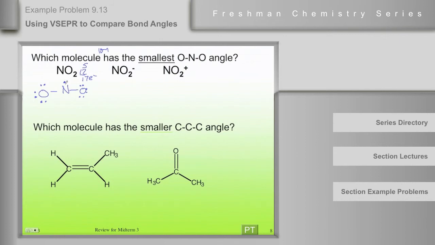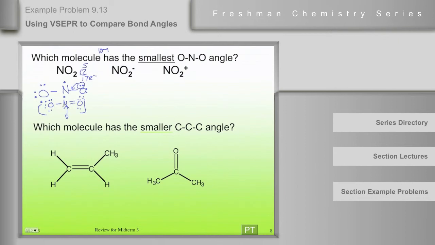Okay, now keep in mind that this is only 5 electrons around the nitrogen, so probably we're going to make a double bond like this. And then there will be another resonance form where the double bond's on the other side.